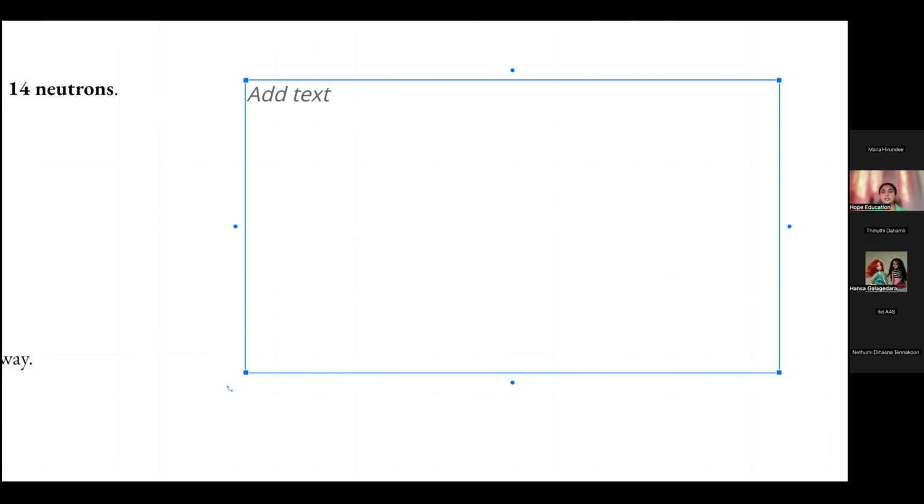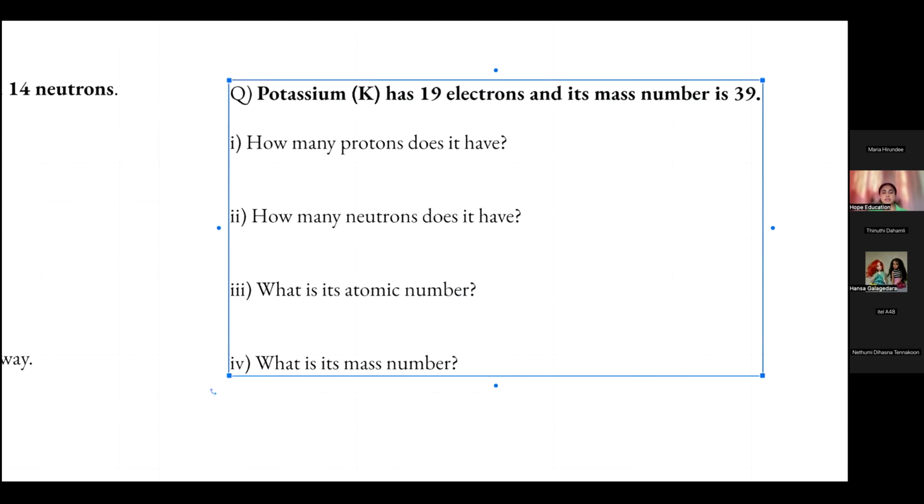Okay, quickly write the answers to this. I will set a timer for 4 minutes. I think even 4 minutes would be too much, but we'll set a timer for 4 minutes.